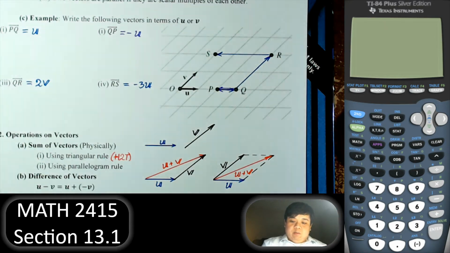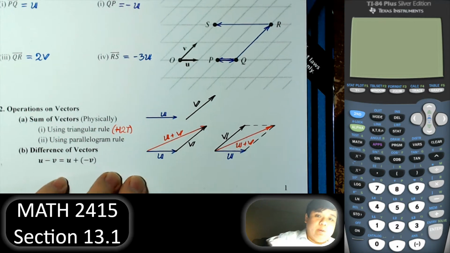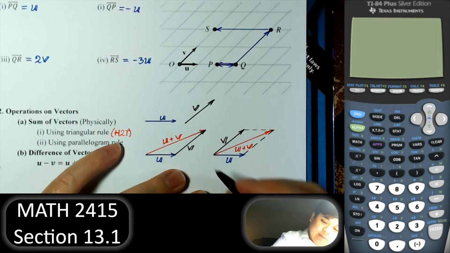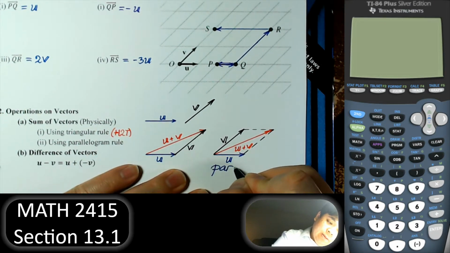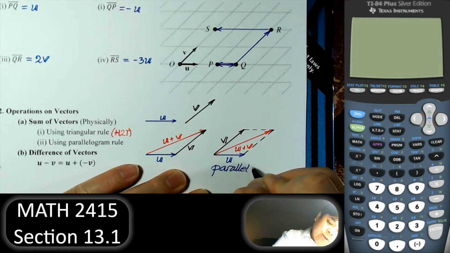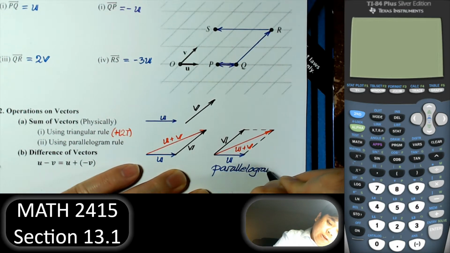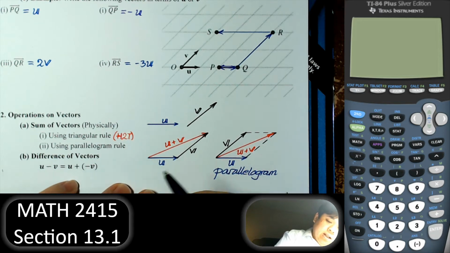This is the parallelogram rule, and this is the triangle rule.